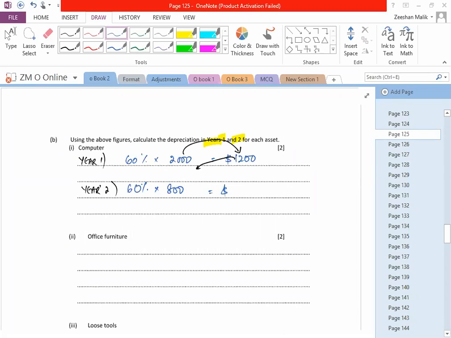This is 480. Kindly verify. This is 480. Kindly use the correct calculators, correct calculations.